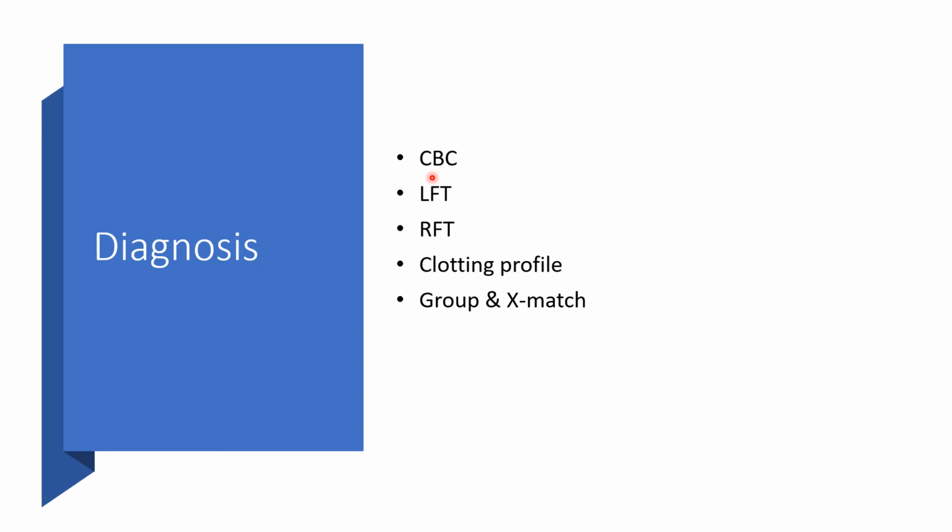We can have a complete blood count done, a liver function test, renal function, clotting profile, and group and cross-match. And will you ask me why you will do grouping and cross-matching? You may run into perforation with intestinal bleeding, hypovolemic shock, and you might have the need to transfuse.